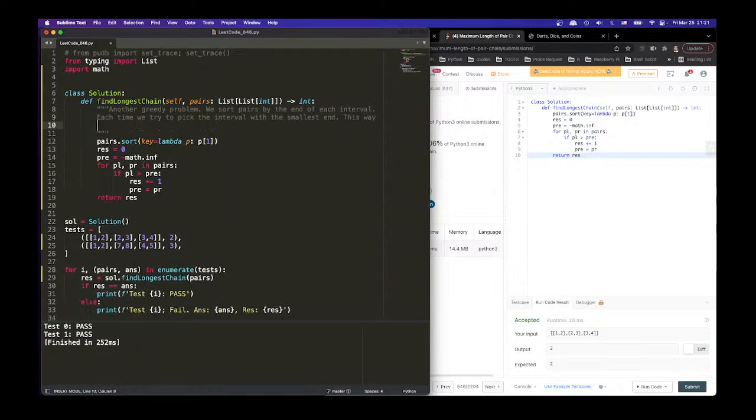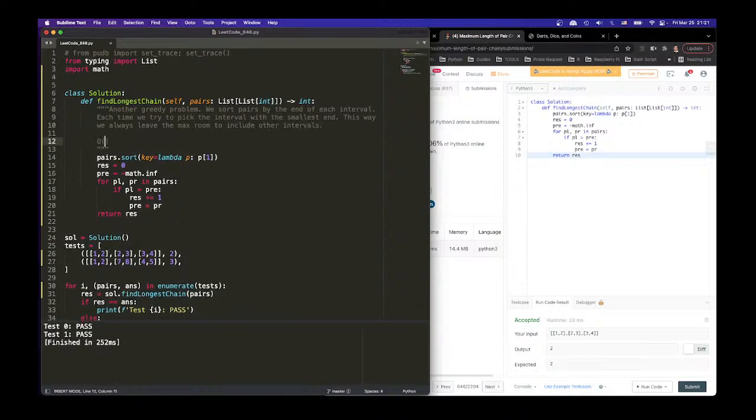And this way we always leave the maximum room to include other intervals. So O(n log n) for sorting, and then that's it. 212, 93%.